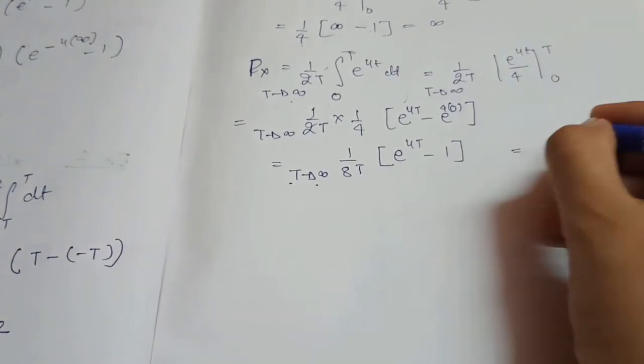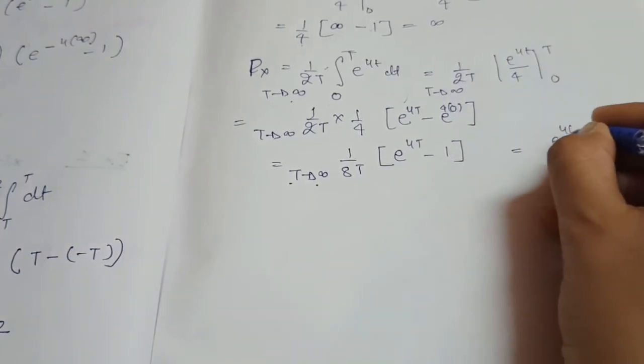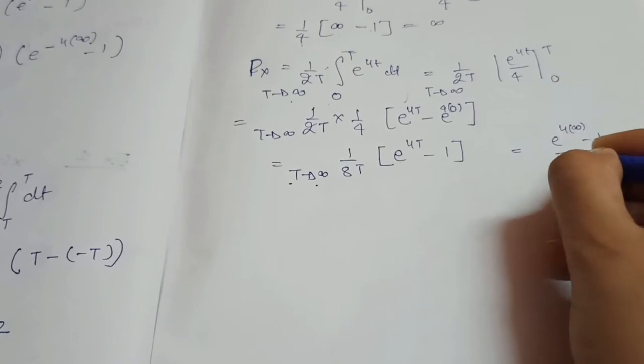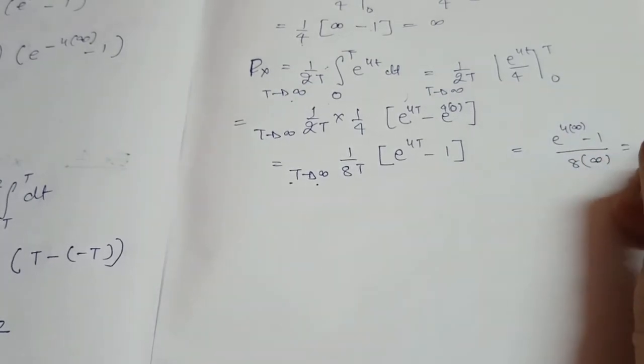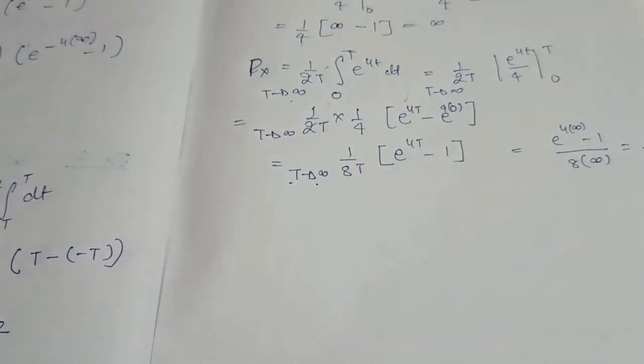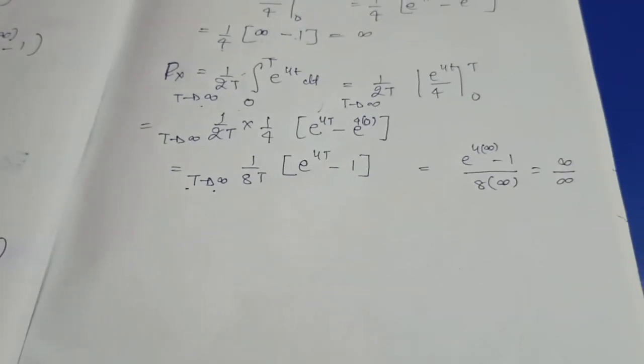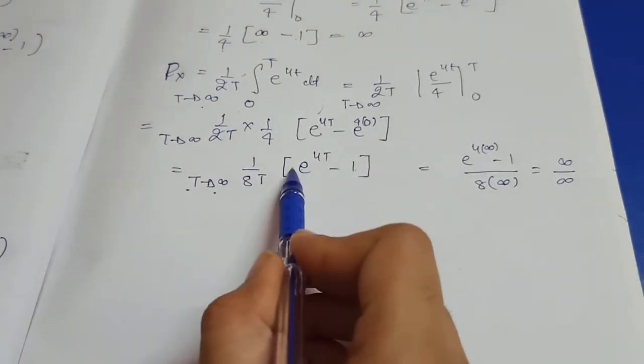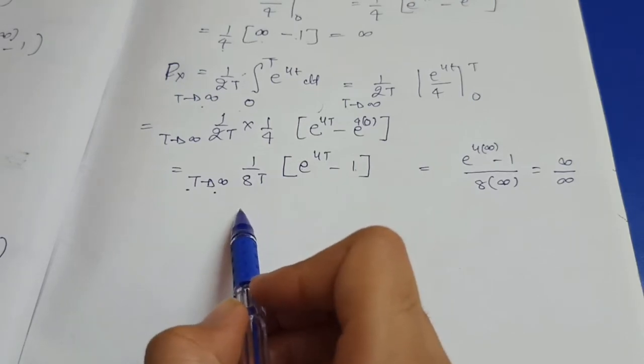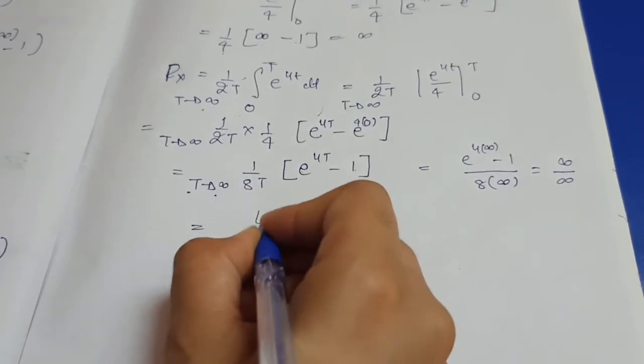So it comes out to be e raised to 4 infinity minus 1 over 8 infinity. So it is infinity by infinity form, right? So let's apply L'Hospital's rule. Let's differentiate numerator as well as denominator.